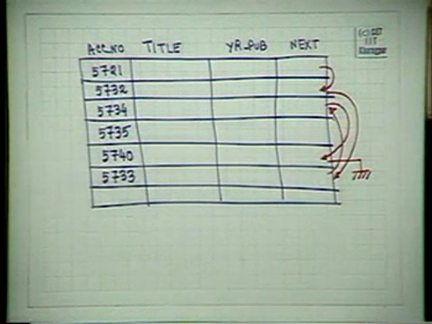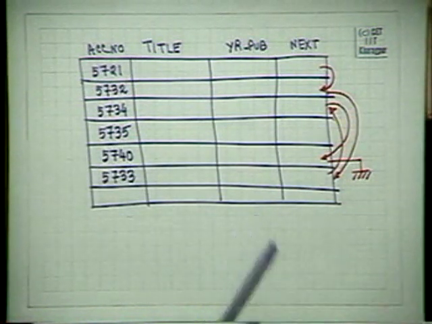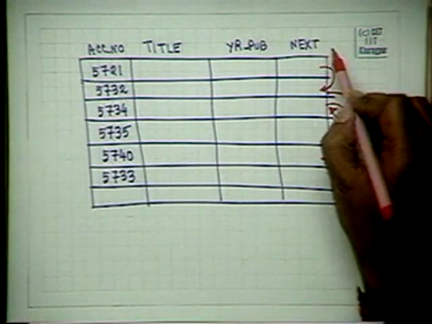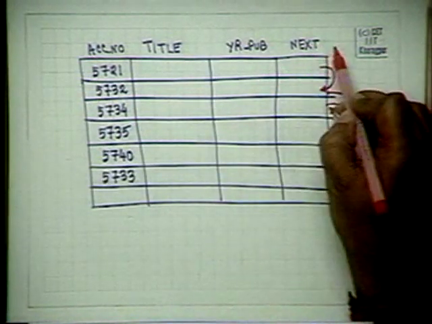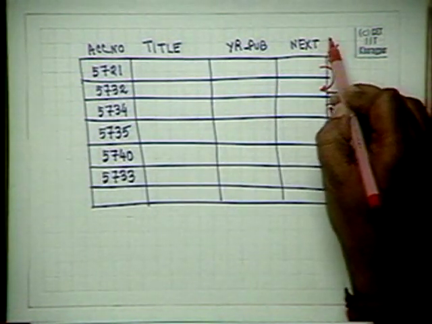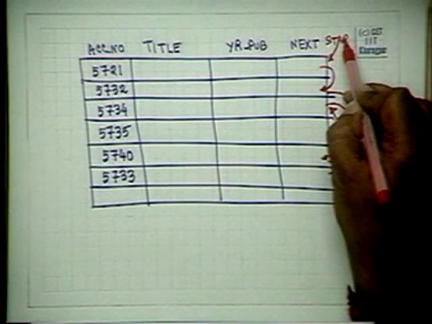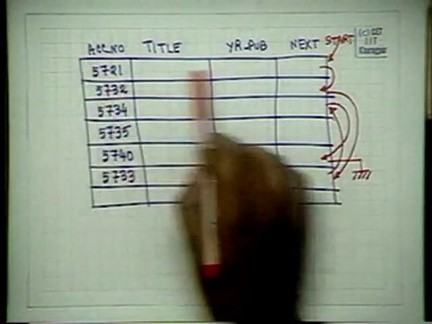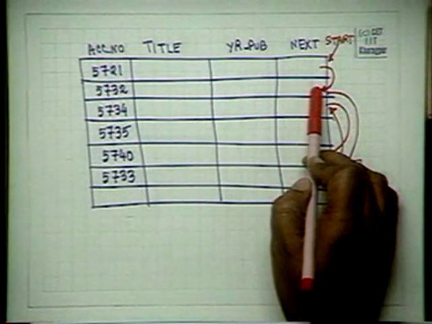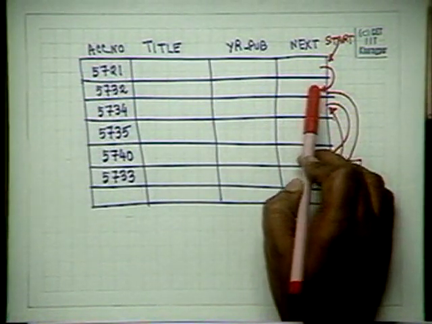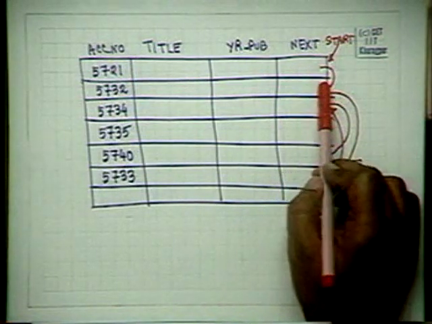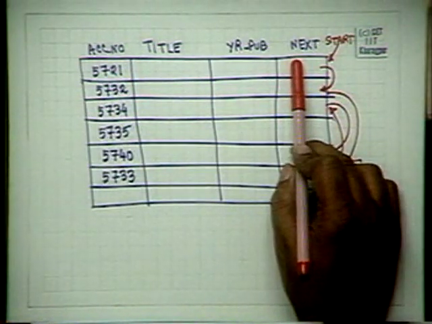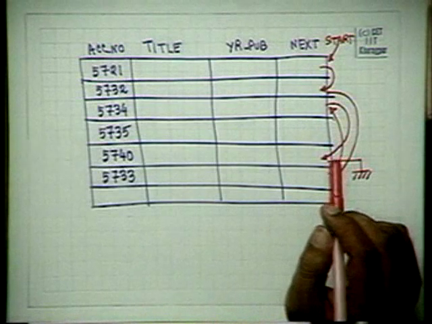Along with this, obviously we will have a pointer to the start of the record. This is the start, because even this could have been deleted, therefore the start would have to be modified. Suppose this was deleted, then the start would be modified, because this is not the starting element of the file.